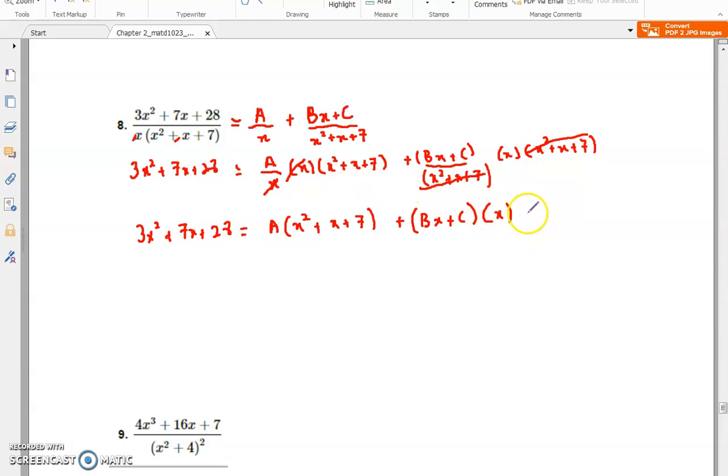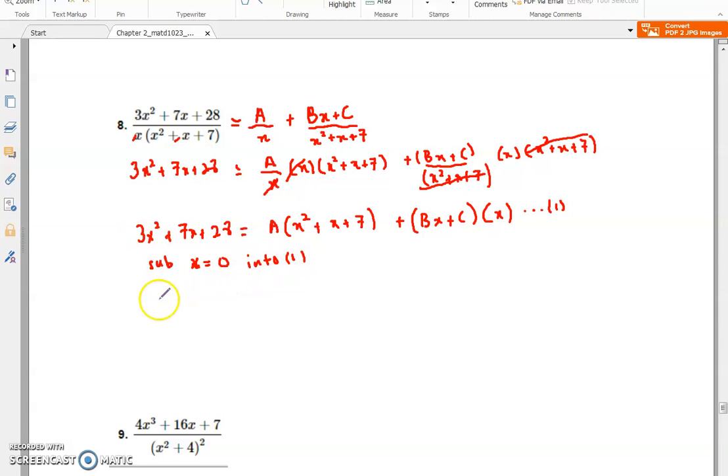So we can name this one as equation number 1. Here we are going to substitute x equals 0 into equation number 1.